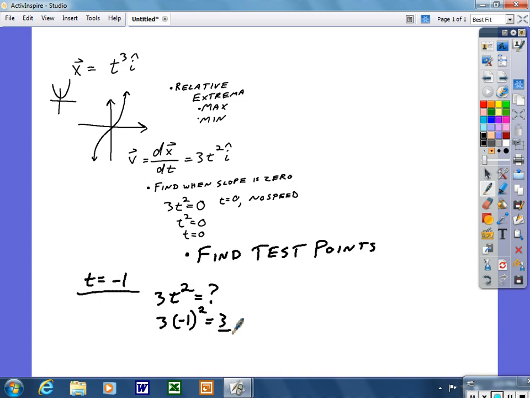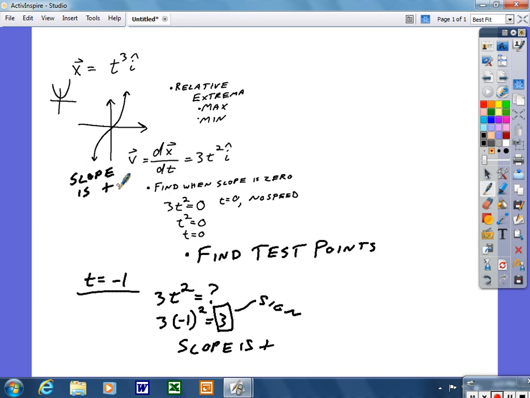It doesn't matter what this number is. What matters is that number's sign. That sign is positive, which means that the slope is positive. So for all points where time is less than 0, the slope is positive.